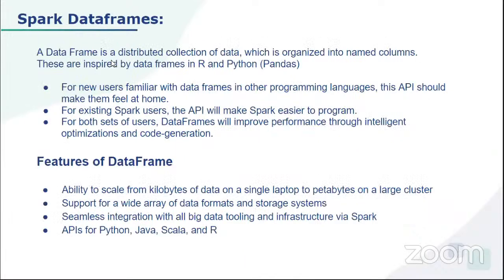There's another thing, the data frame. I guess you must be aware of the Python pandas data frame. That is basically an in-memory data frame on one instance. If you use pandas, the data will come to your one node.